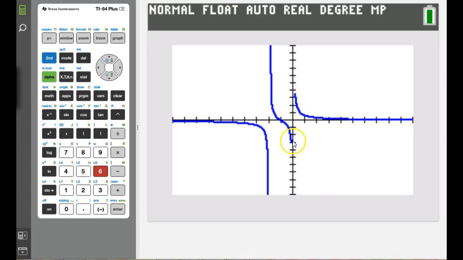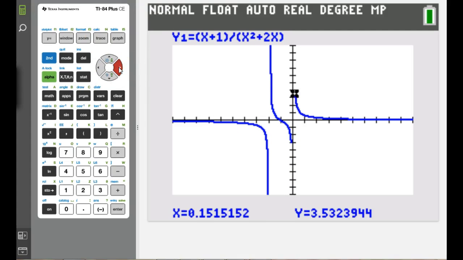So the calculator's like, well, I don't want to mislead you that it's perfectly vertical, because if you trace down these, or up this, it's hard to trace up because it's going to jump to the other branch. What is smaller for an x than 0.15? What if I just put 0.01? Do you see it's up at 50? It doesn't really stop, okay?